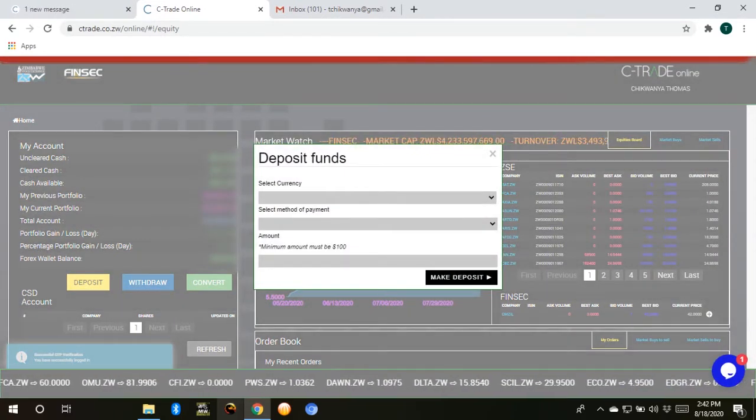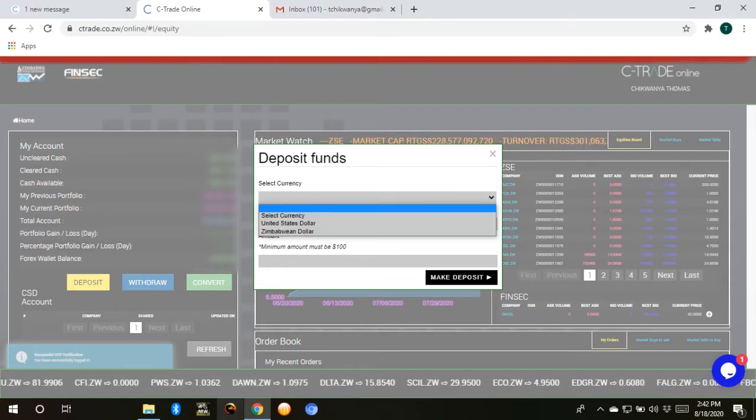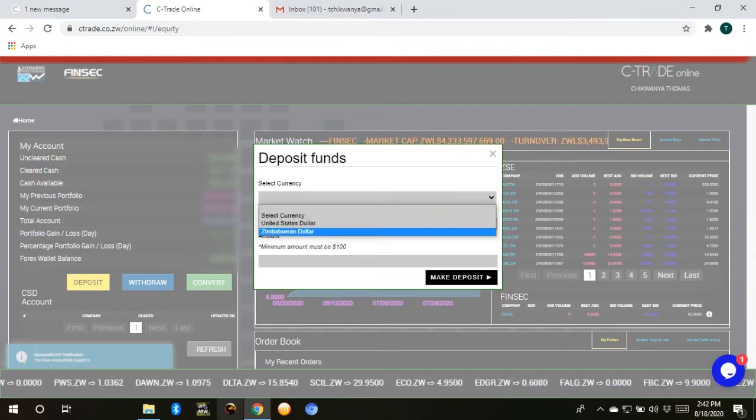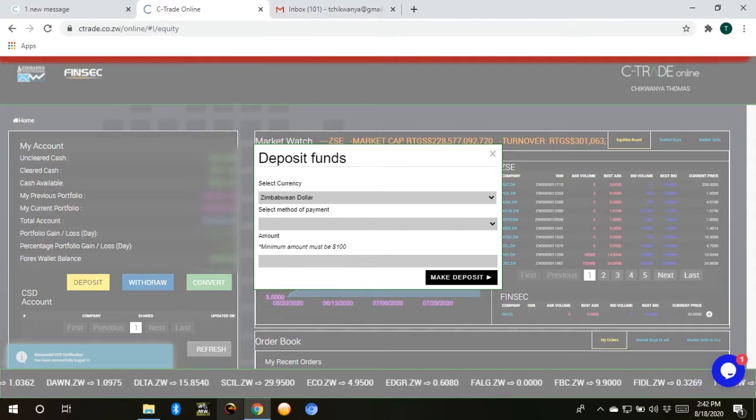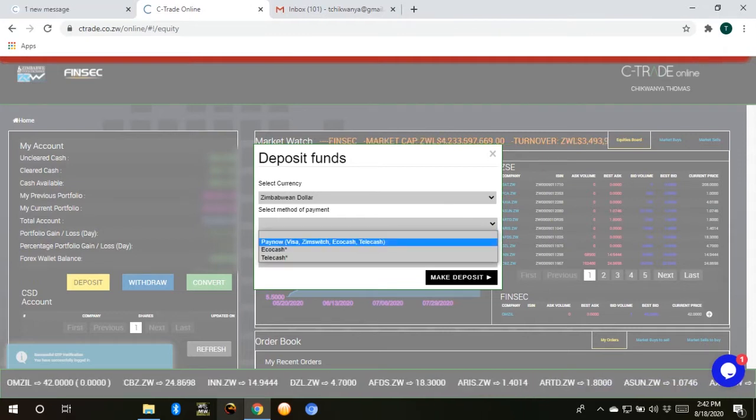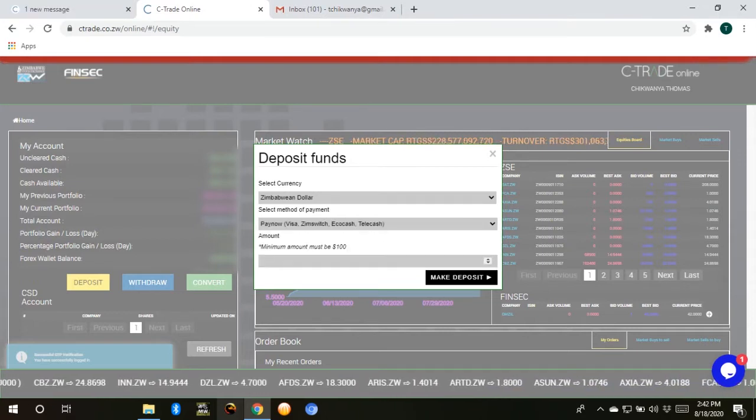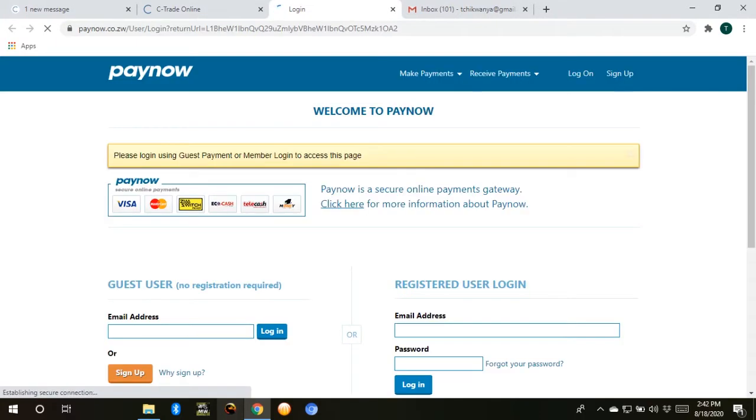So you click on deposit and choose the currency that you want to deposit and the payment option. I advise you to use Pay Now because it reflects there and then. The eco-cash method also works, but sometimes it may delay in reflecting your money into the account.